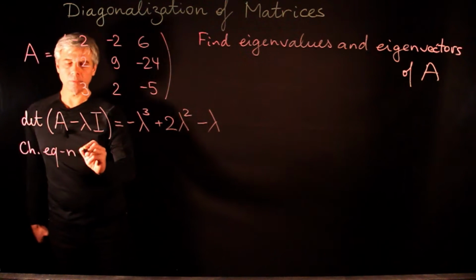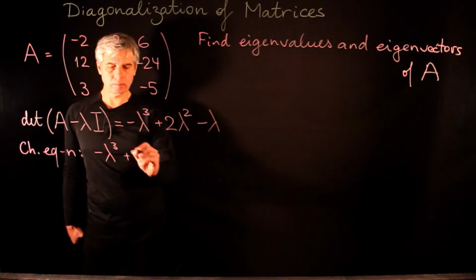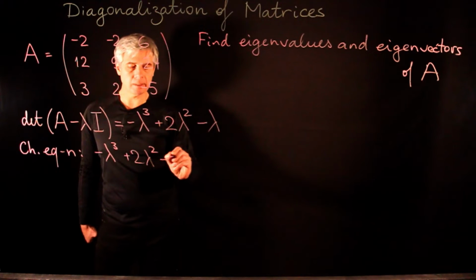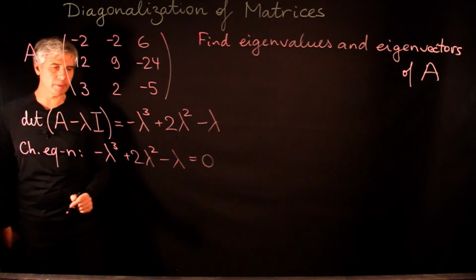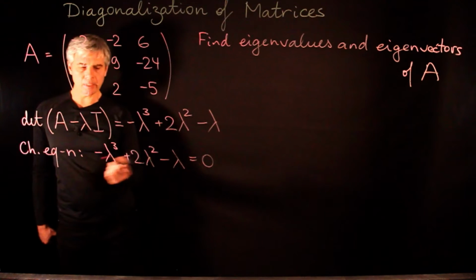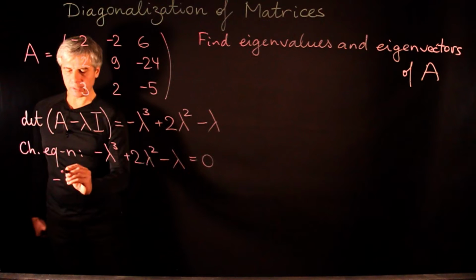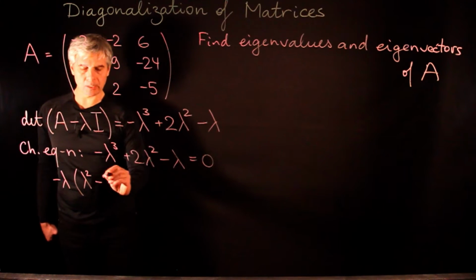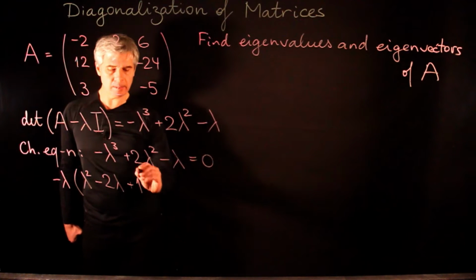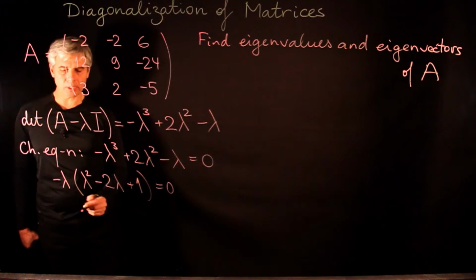So here we equate the characteristic polynomial to 0. And now we need to find the roots of this polynomial. The easiest way of doing this is by factoring. Here we have a factor of minus lambda times lambda squared minus 2 lambda plus 1, and this is a perfect square.